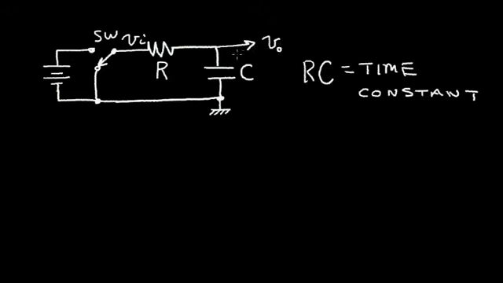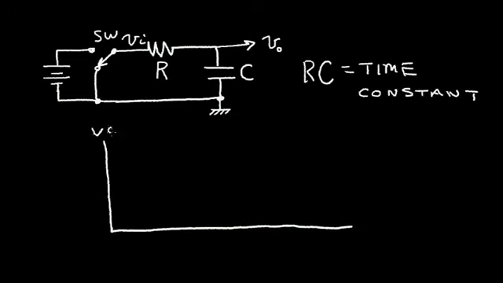So let's examine what happens to the output voltage when I change the switch position. Let's plot voltage versus time. So here we have volts, and here we have time.